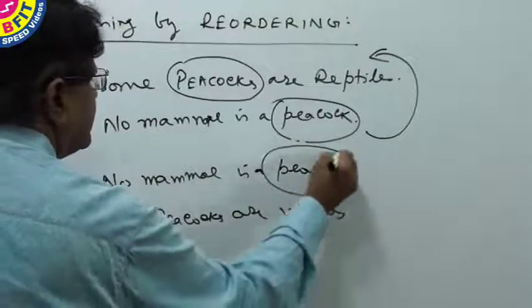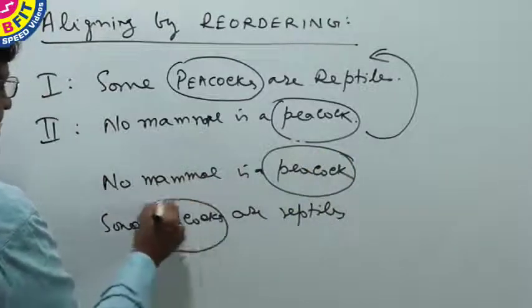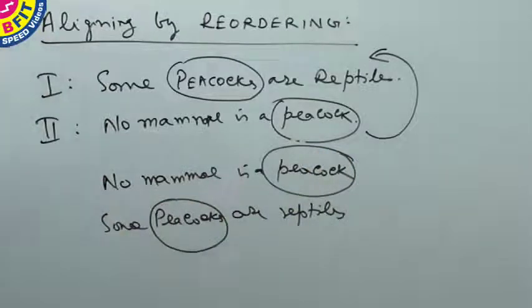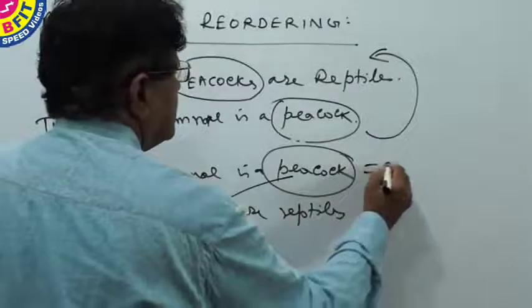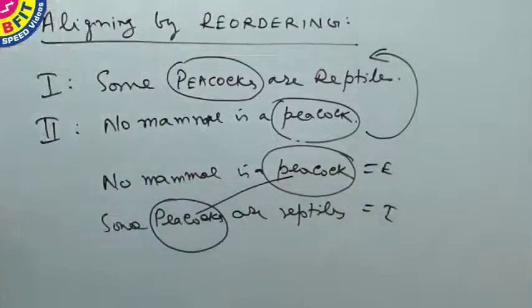Here is peacock, which is the predicate of the first statement, and here is peacock, which is the subject of the second logical statement. Therefore, it is properly aligned. This is an E type statement. This is an I type statement. You can draw some valid inference. What valid inference can we draw? We will see in the next step using table 6.